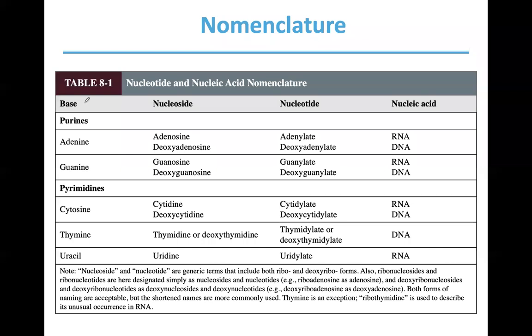No ribose, right? No ribose. When you don't have any ribose, you just go by nitrogenous base. Now, once you add a ribose, but no phosphate, that will be a nucleoside.